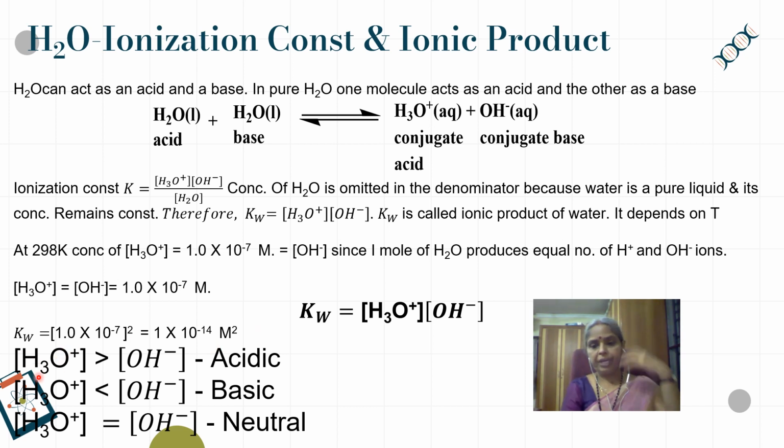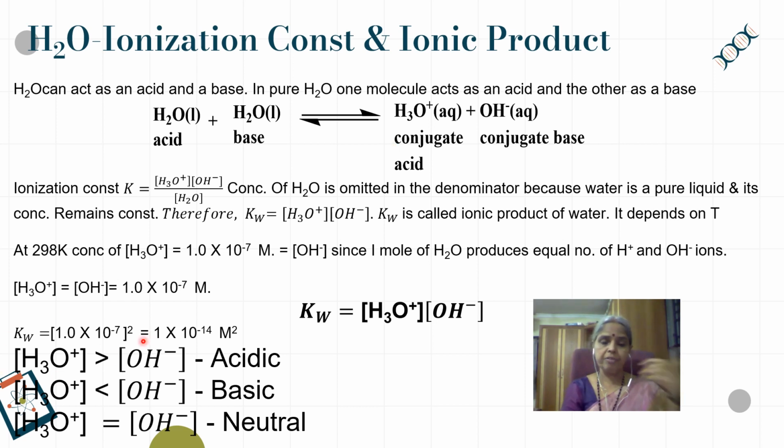If in any particular solution the concentration of H3O+ is greater than that of OH-, such solutions are acidic. Why did we get this 1.0 × 10^-14? Because it is pure water, no other substance is there. For every 1 mole of H3O+, you are getting 1 mole of OH- also, so both their concentrations are equal.